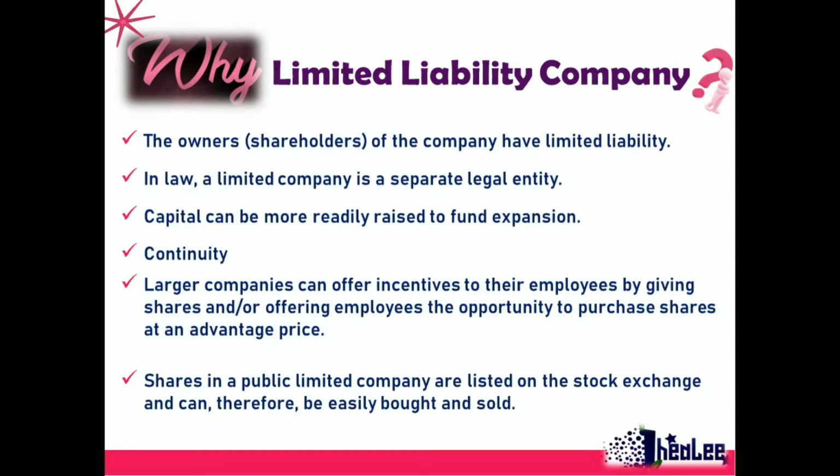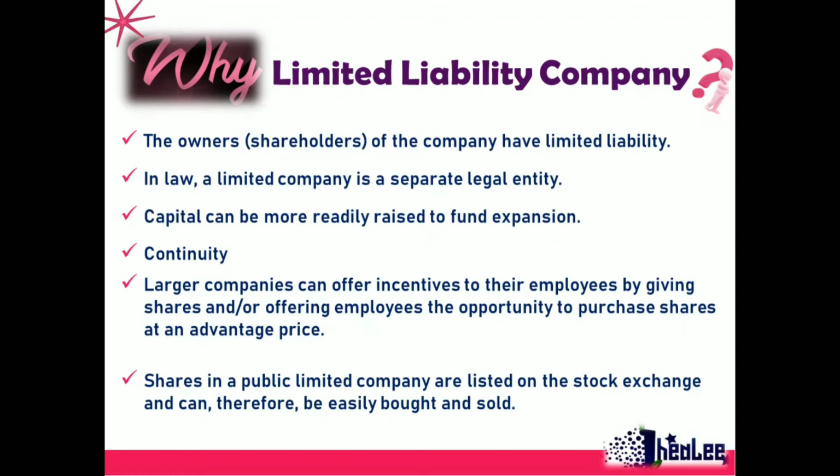Legally, a public limited company can only be formed if there is a minimum of 7 persons seeking its formation. And remember, there is no maximum to the number of persons that are part of the public limited company. While for the private limited company, the minimum is 2 members and the maximum is 50 members.